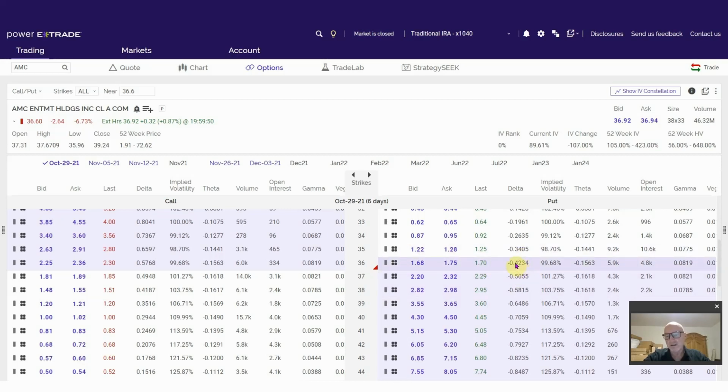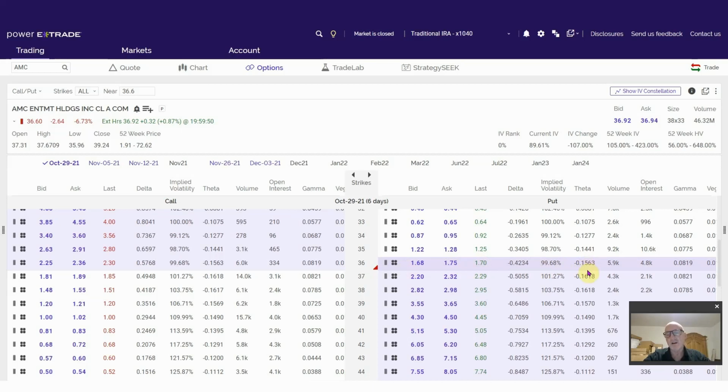So this is just the delta, and theta is the decay. That's the number that's the most interesting to the option seller. You're selling theta, they call it. It's the derivative that calculates how much that premium is going to decline, here $1.68, assuming that the price stays around 36. That's how much the premium will decline every day.